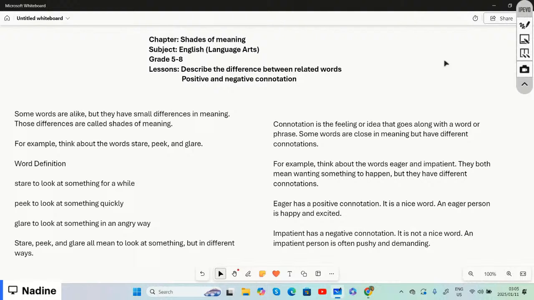We're doing grade 5 to 8. And the lessons that we are going to be focusing on under the chapter of shades of meaning are to describe the difference between related words, and positive and negative connotation.